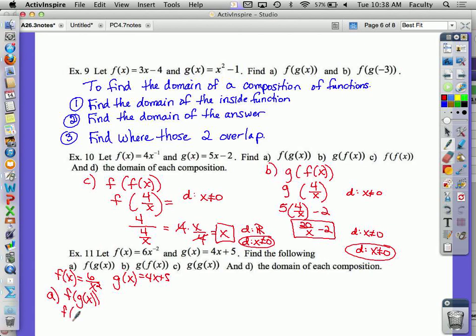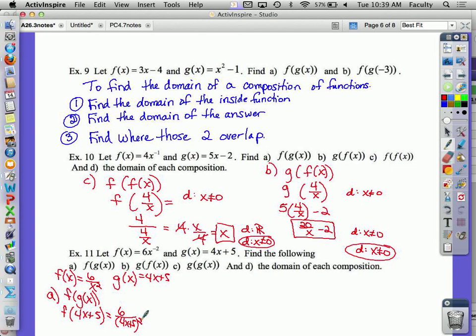So this is f of 4x plus 5. And then it's saying take 6 divided by your input squared. So this is 6 over 4x plus 5 squared. You can multiply that out or not, it doesn't matter.